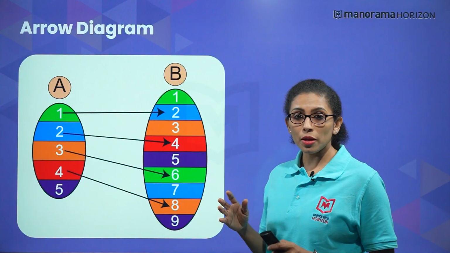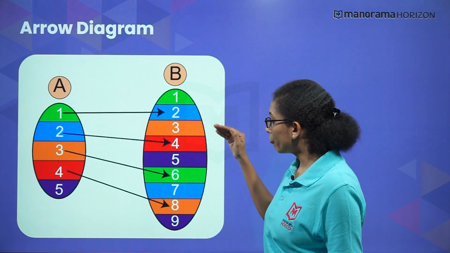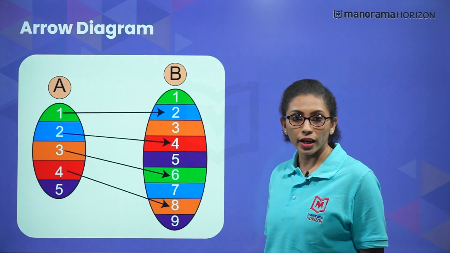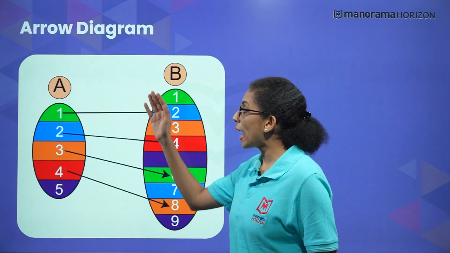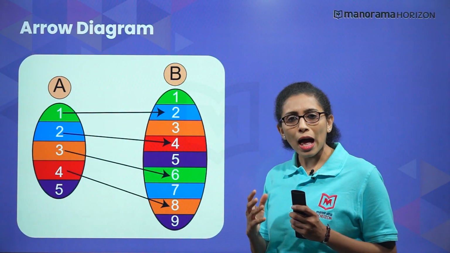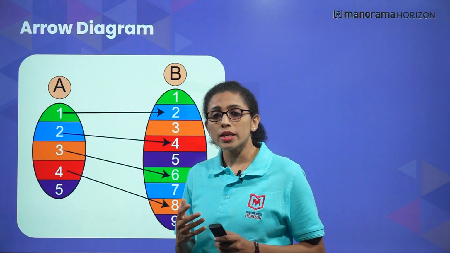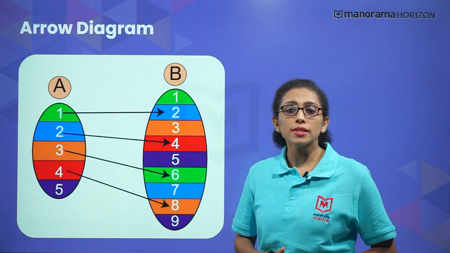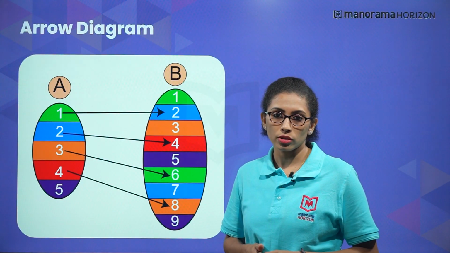Note that the elements 1, 3, 5, 7 and 9 are not related to any element in set A. So, we have learned what relations are, their important terminologies and the visual representation.